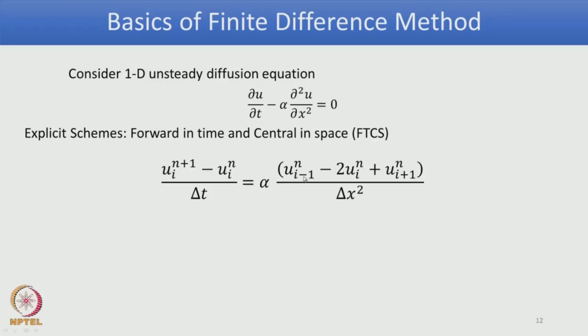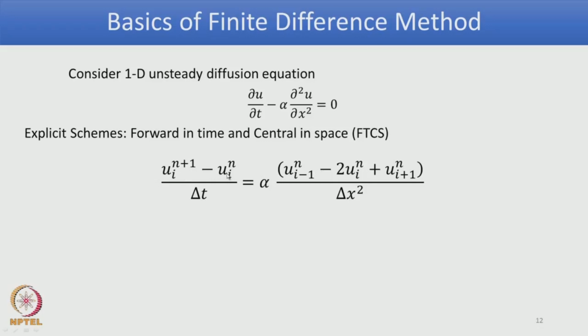And spatially, i is the point of interest, and you take values from either side of it: i minus 1 on the left hand side and i plus 1 on the right hand side. All three quantities are known from the previous time level, that is why the superscript n appears. So it is central in space, forward in time.